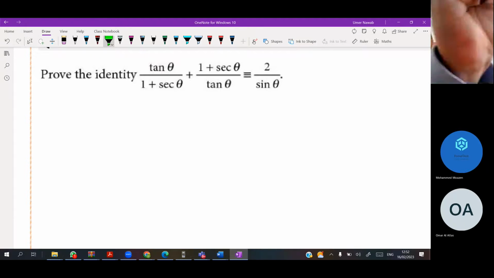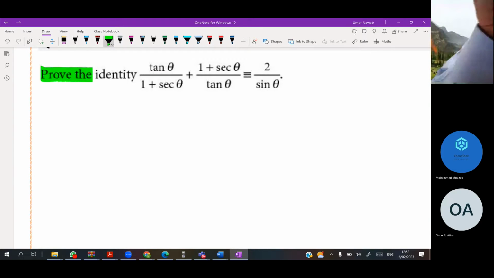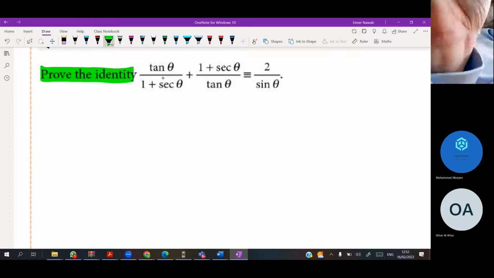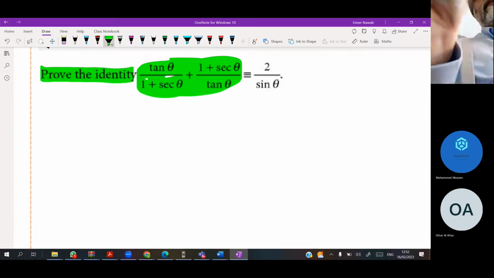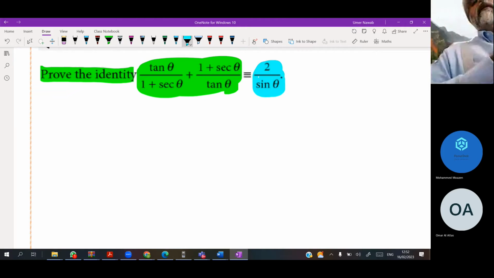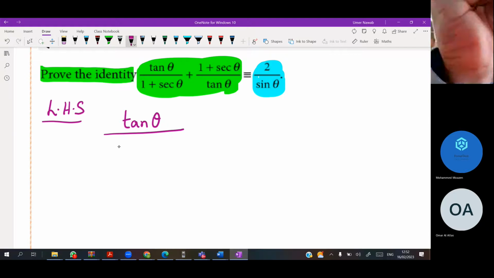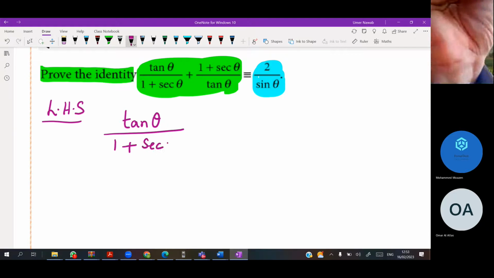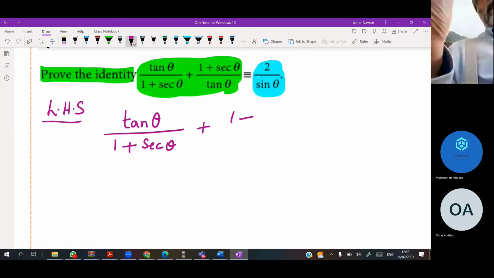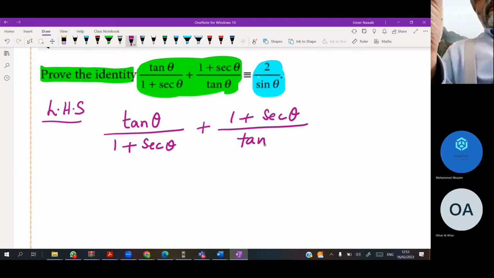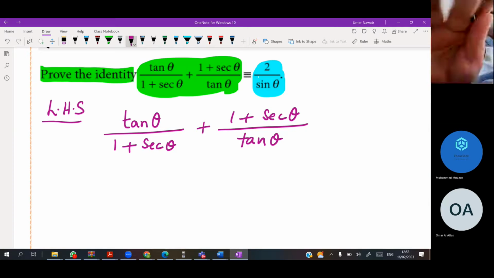So Mohsen, next question is prove the identity. We have a left-hand side and we need to prove our left-hand side is equal to the right-hand side. So I'm going to write my left-hand side: tan theta over 1 plus secant theta, plus 1 plus secant theta over tan theta, right?